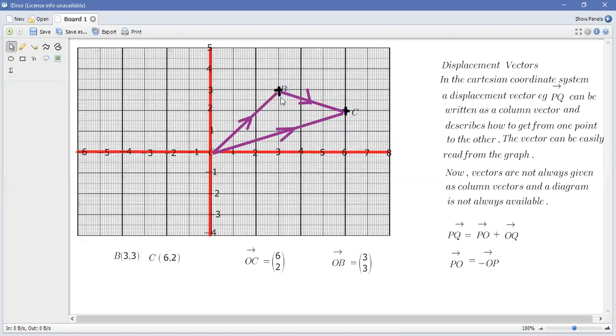Let me give you an analogy. A plane is traveling from point B, but to get to point C, it has to land at the airport at point O first. Then it lifts from point O and travels to point C. So the airport is the point of takeoff, the point of origin.